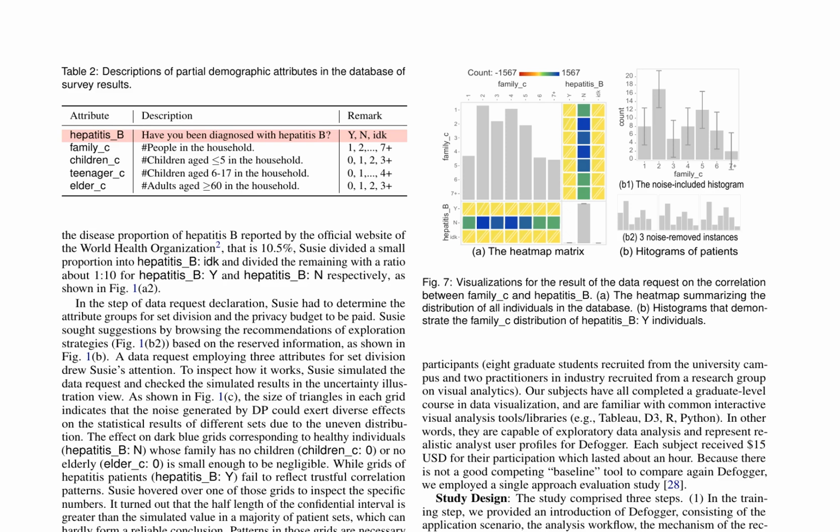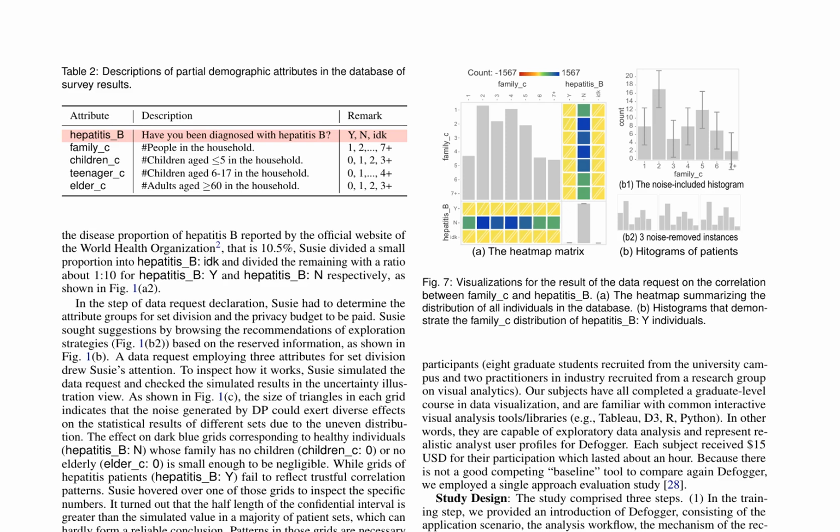The data request process in the context of differential privacy (DP) is a critical aspect of exploratory data analysis. Table 2 presents a list of partial demographic attributes in the database of survey results, including hepatitis_B, family_C, children_C, teenager_C, and elder_C.